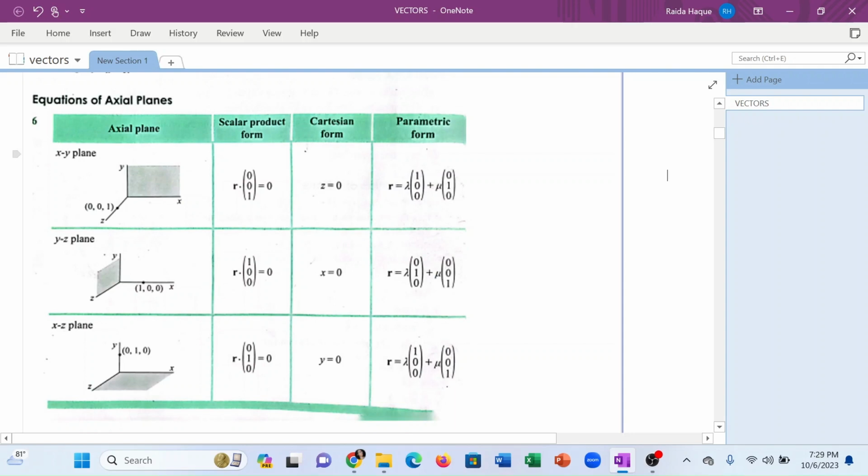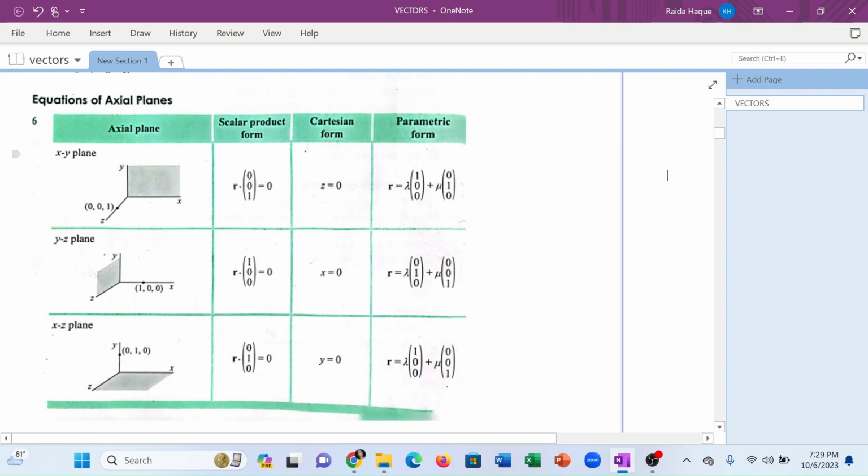Over here, in this diagram, the intersection of the x, y, and z axes represents the origin, by the way. So there is no need to again mention the point of the origin, which is 0, 0, 0. So we are just eliminating that, plus the direction of the y-axis, which is 0, 1, 0, plus a constant times the direction of the z-axis, which is 0, 0, 1.